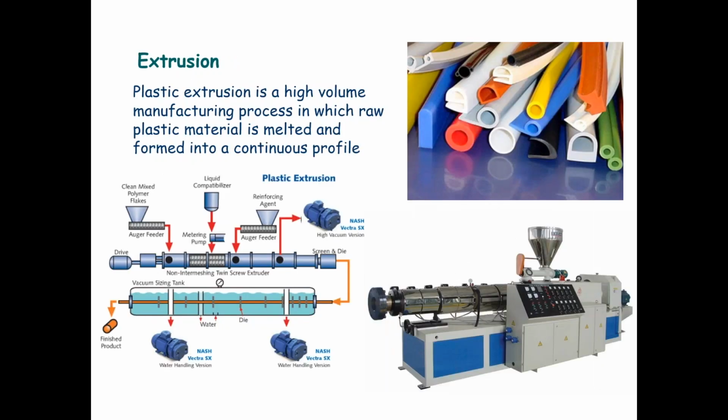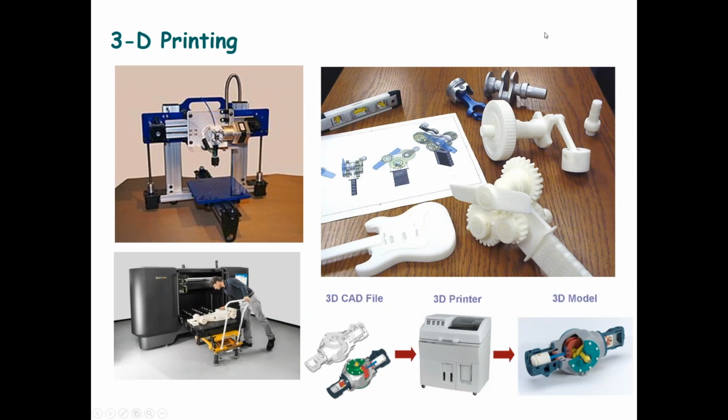Extrusion, as shown here, is very important because you can prepare different net shapes, sizes, or different geometries, pipes, objects, which can be formed by an extrusion machine. And we all hear a lot about 3D printing.